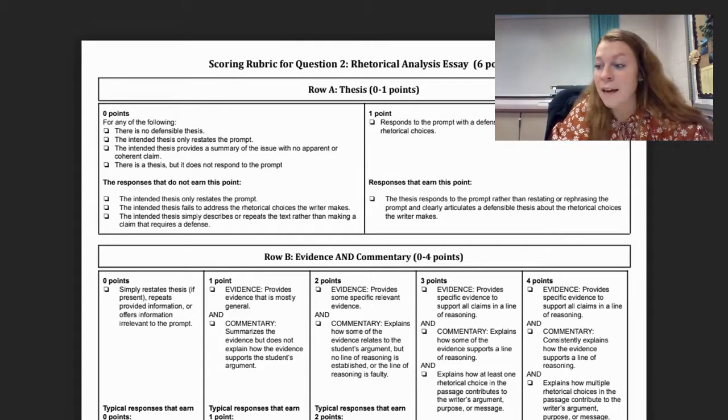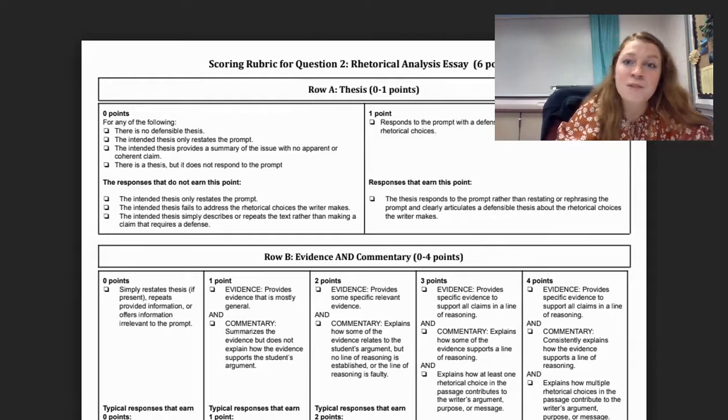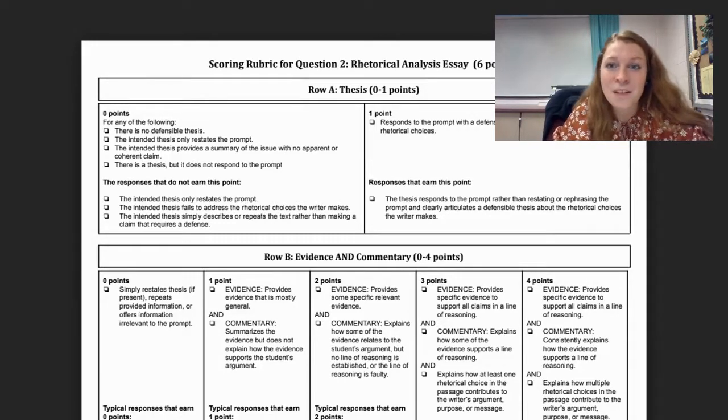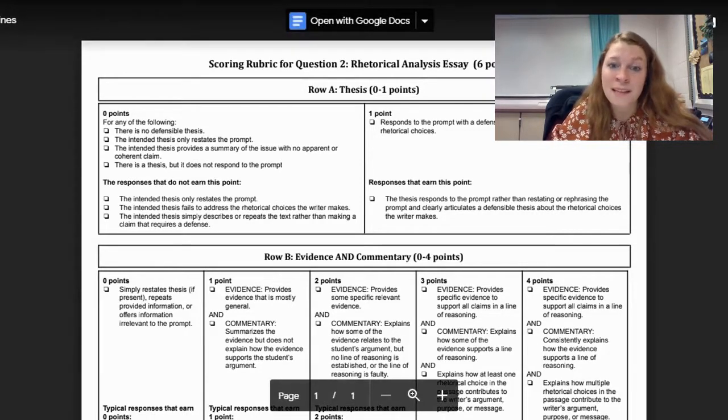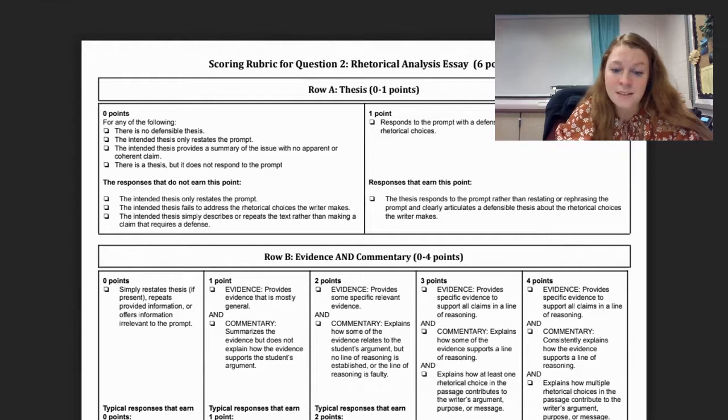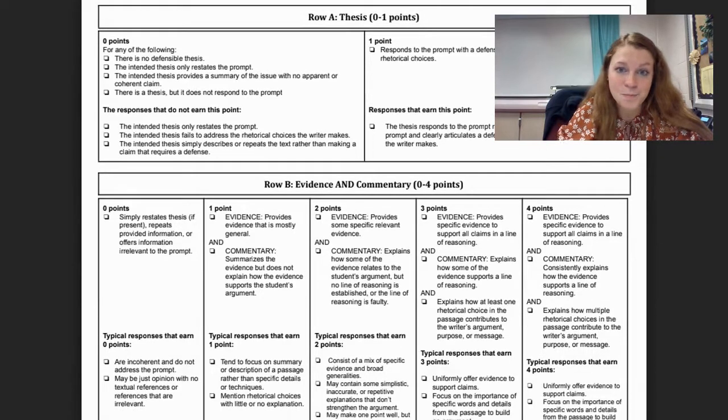Do they use anaphora, hypophora? Do they use juxtaposition? You are already so familiar with diction and tone that you should be able to identify them right off the bat, even if you cannot come up with any other rhetorical choices. This is one way that you can get that 1 point. So again, it articulates a defensible thesis about the rhetorical choices the writer makes.